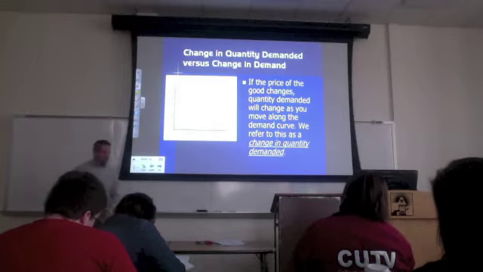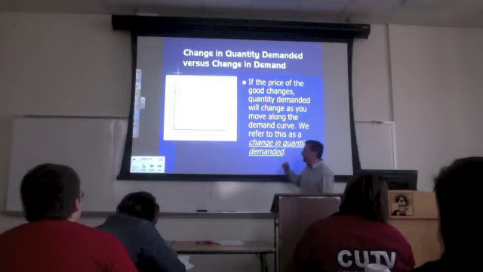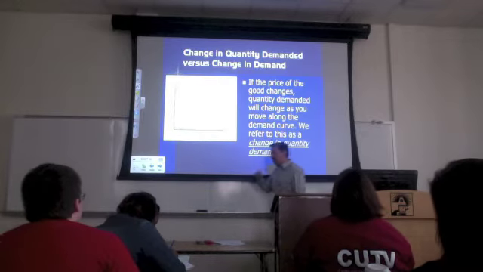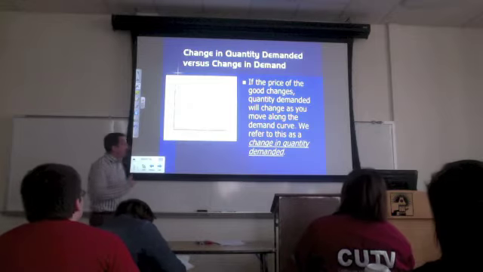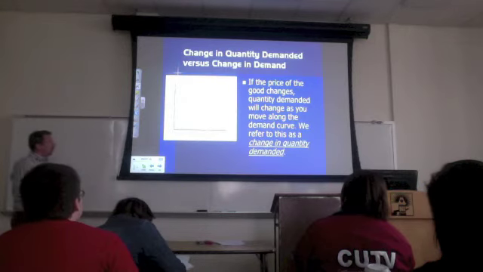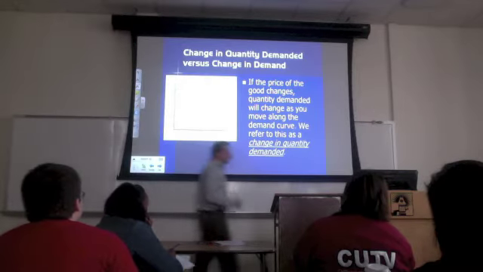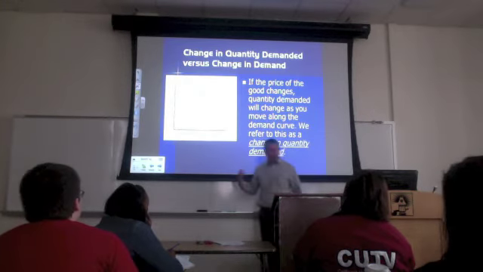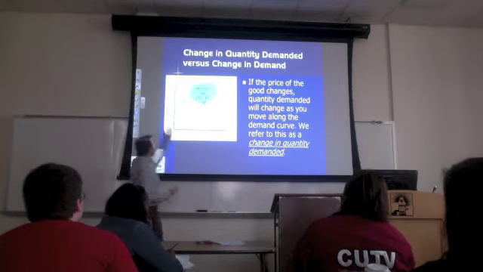So we're trying to distinguish a situation in which those things have remained constant from when those things have changed. We consider the situation a change in quantity demanded when ceteris paribus has held, when nothing but price has changed. So if something in a market causes price to change, we will move along the given demand curve. This is a change in quantity demanded.